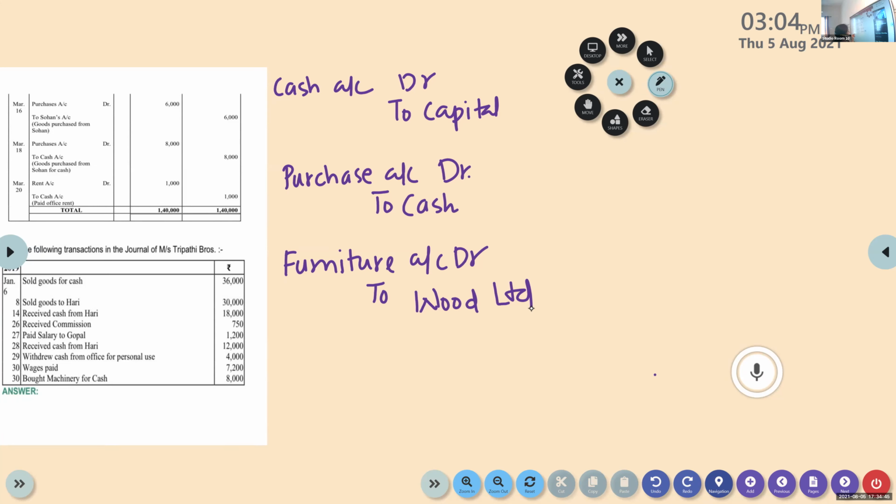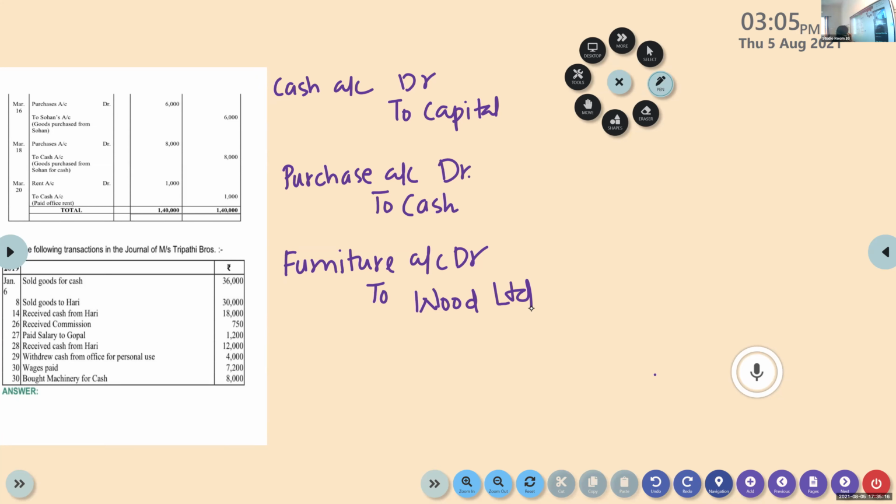If it were furniture account debtor to cash, then it would become a cash transaction. But here, furniture account debit means furniture has come inside, asset has increased, to Wood Limited. So it is a credit transaction. Our business has purchased furniture from another shop.